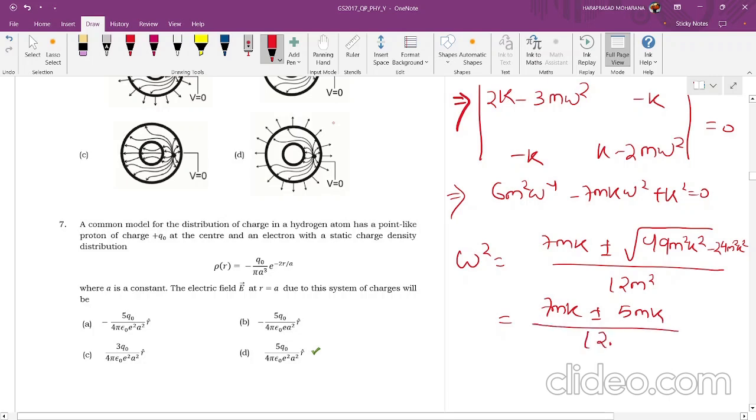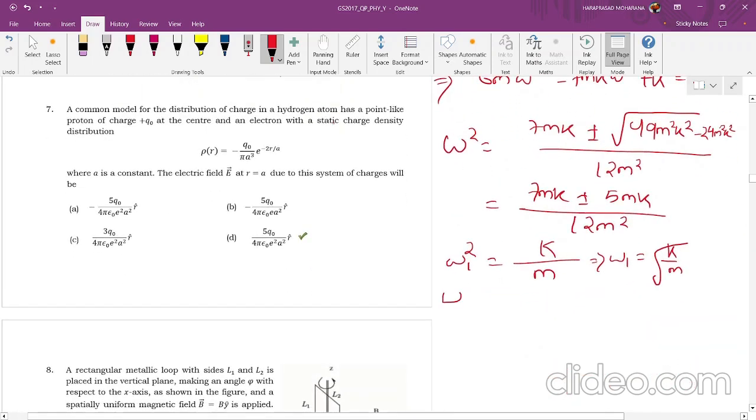All good, 12m square. So omega 1 square will be 12mk divided by 12m square. The m cancels down, so this will be k by m, and omega 1 will be root of k by m. This is a very nice problem. I hope you are enjoying this.